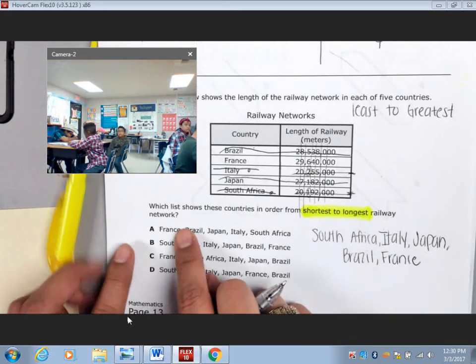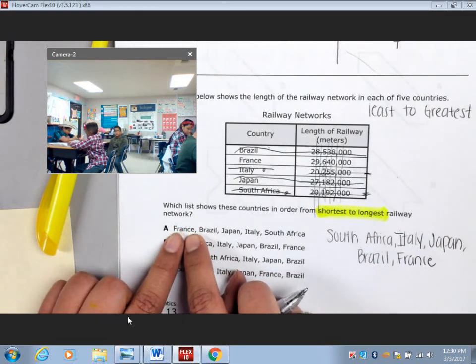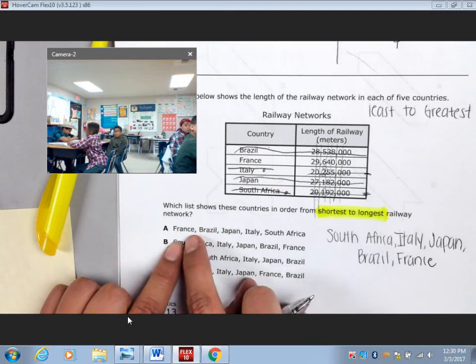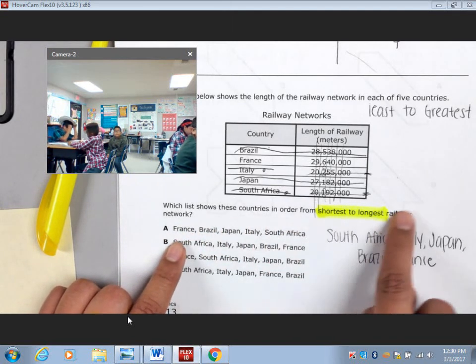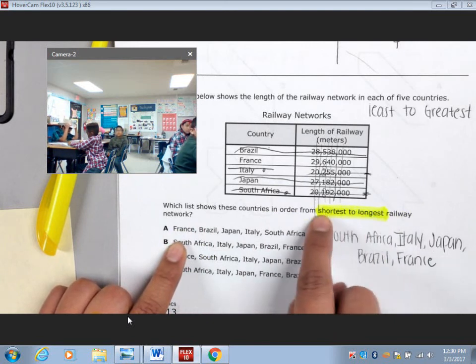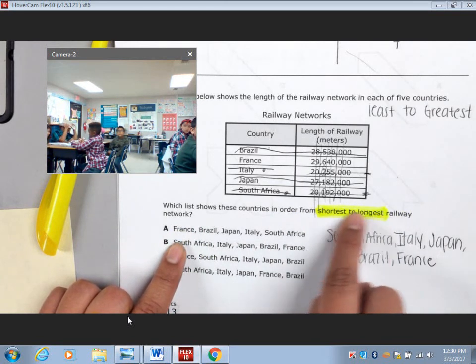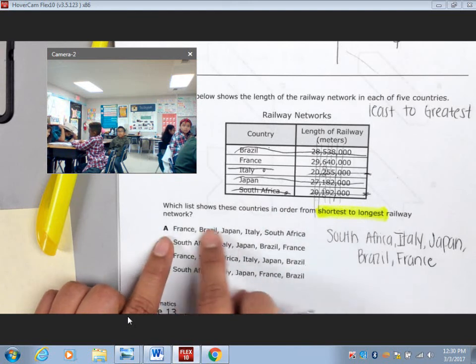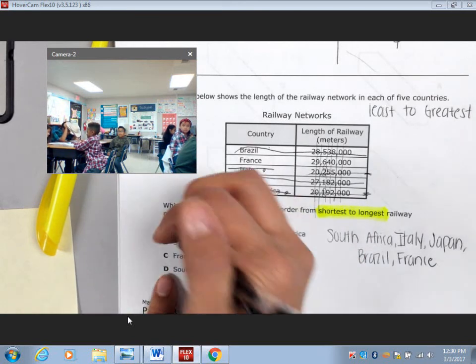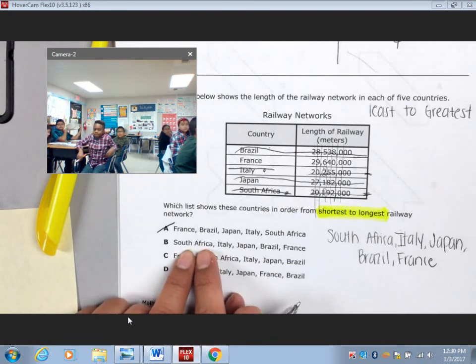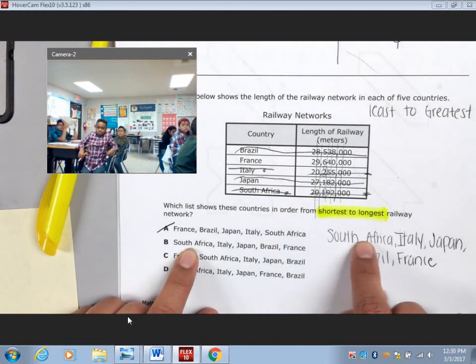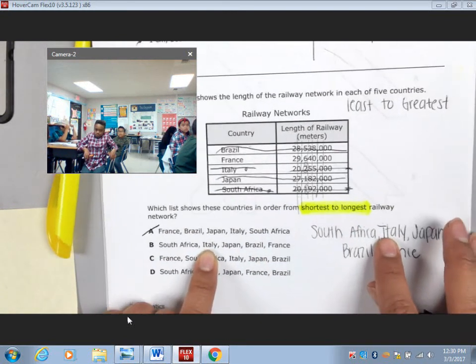Now let's go look at our answer choices. Look, this actually looks like they wrote it greatest to least. So if you weren't paying attention to your keywords, you would have accidentally done it the other way and you would have picked F. But they're not tricking us, right? South Africa, South Africa. Yes. Italy, Italy. Yes.